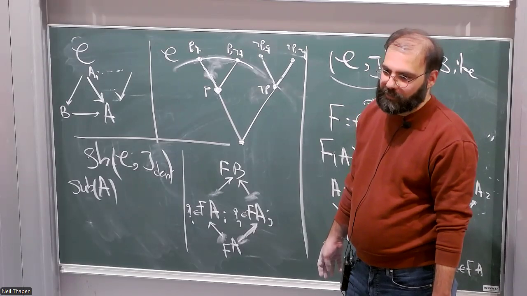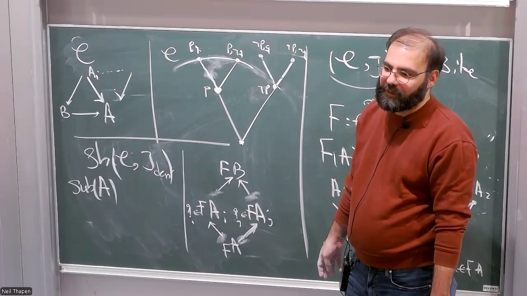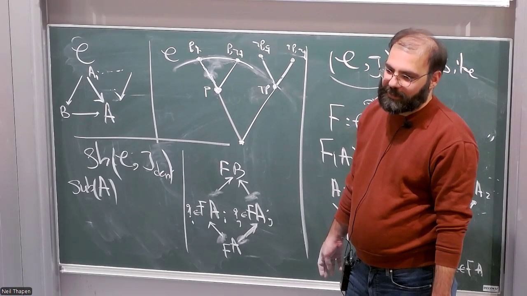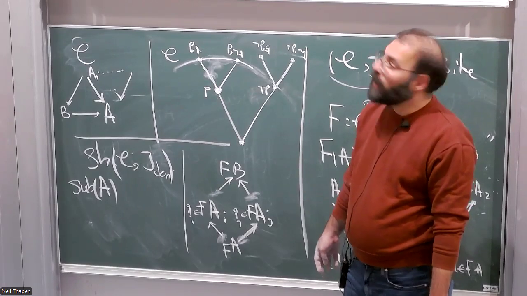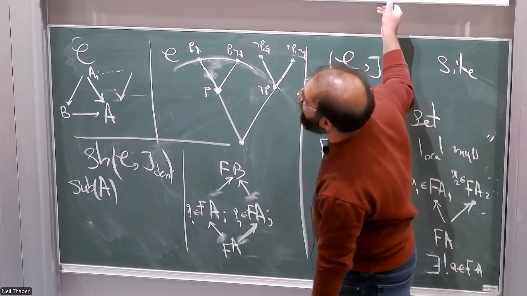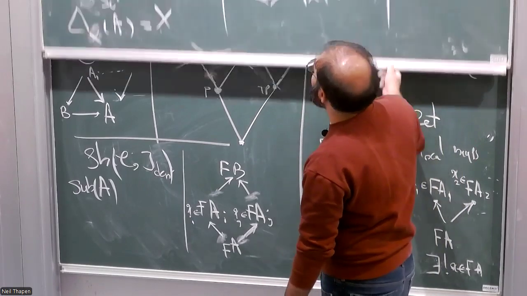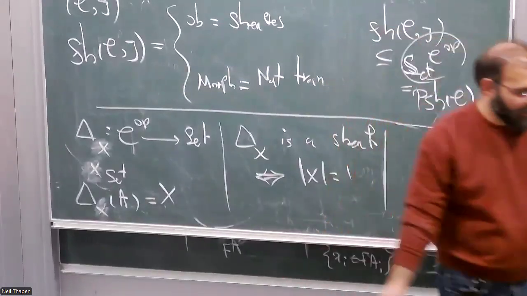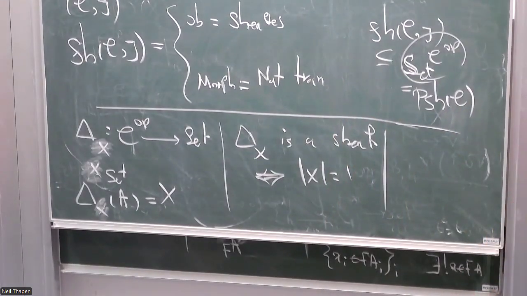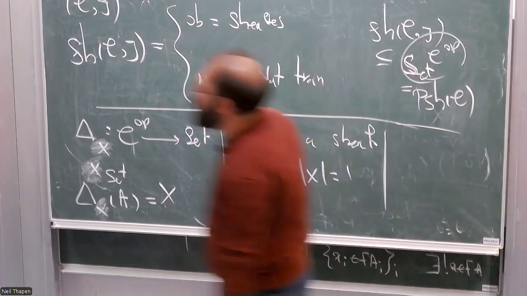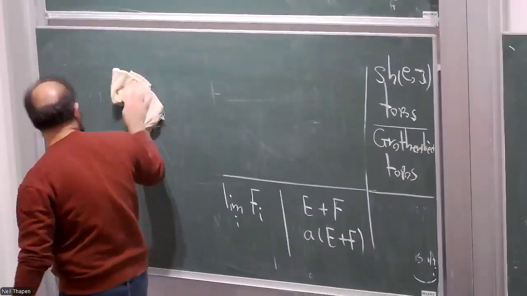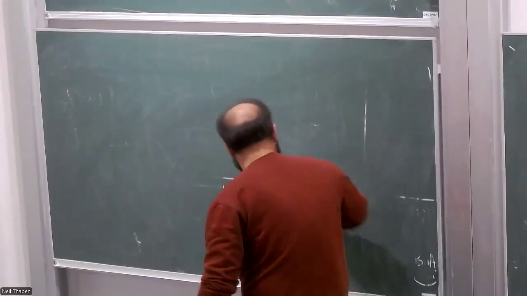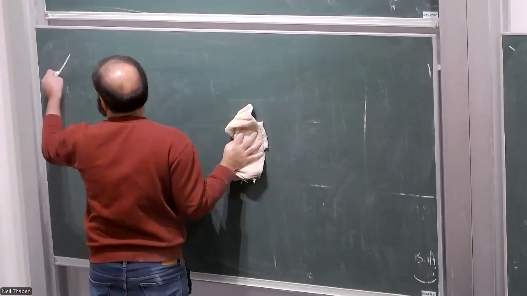Right. Last time you had some examples with continuous functions. Could you go through one example of a sheaf with continuous functions? Yes. So the example of a sheaf is this. You fix a topological space X, right?